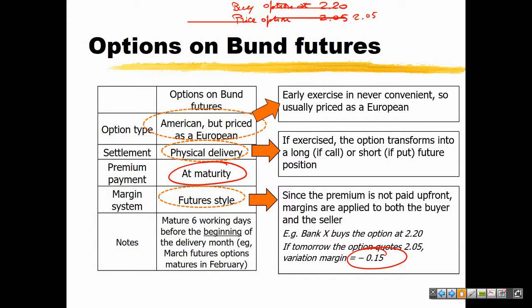Imagine you buy the option at 2.20, tomorrow the option is 2.40, and you close the position by selling, okay? If you do that, you get a profit of 0.20 immediately. You would expect that since the premium is paid at maturity, you would lock in 0.20 at maturity whose value is 0.20 discounted. This is not the case because there is the margin system in between.